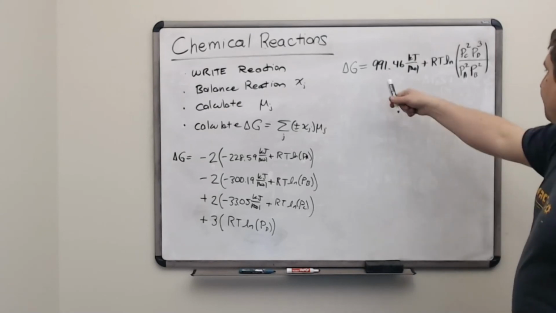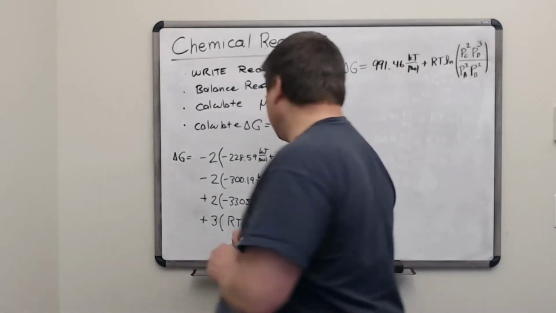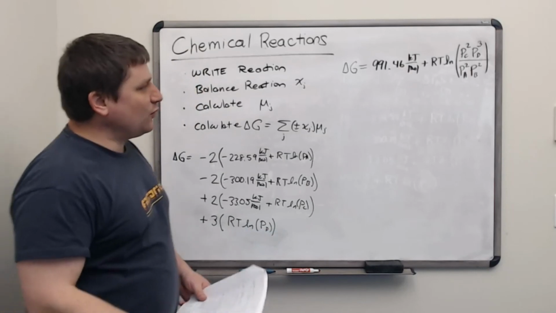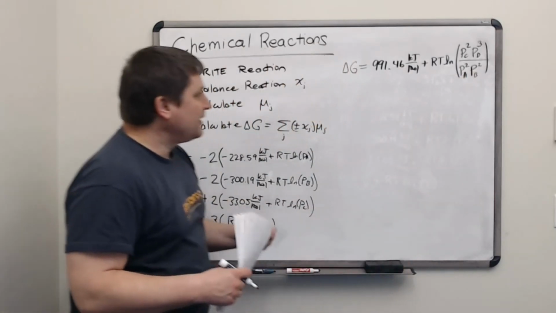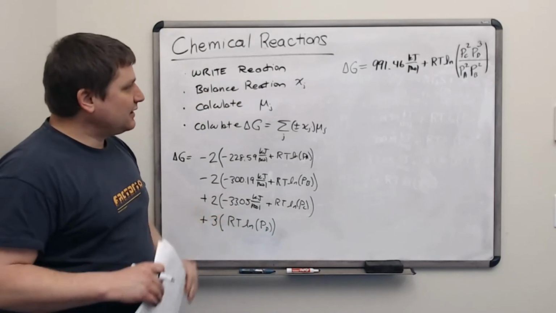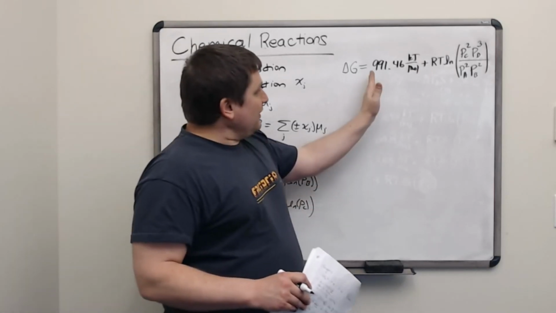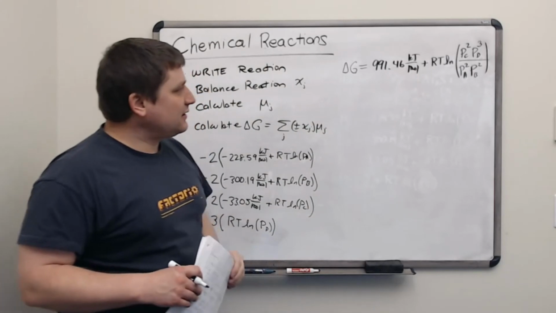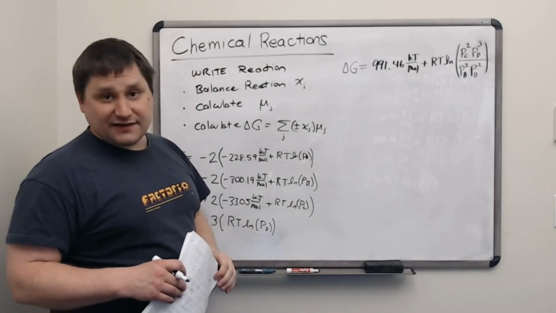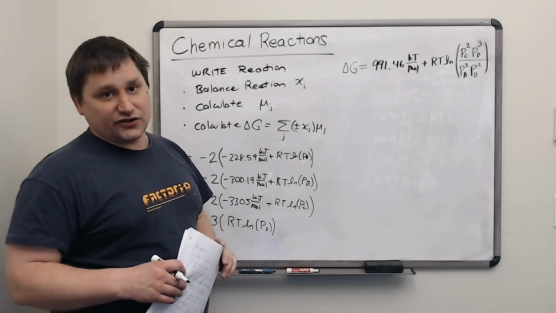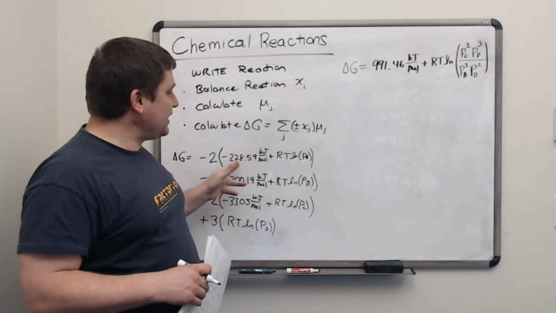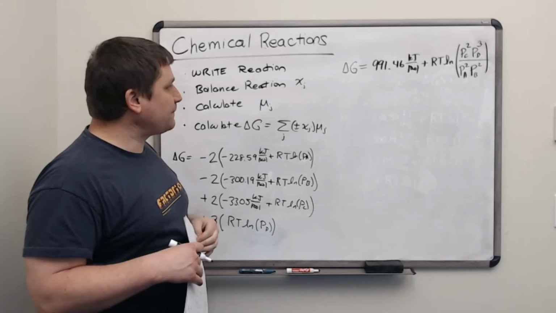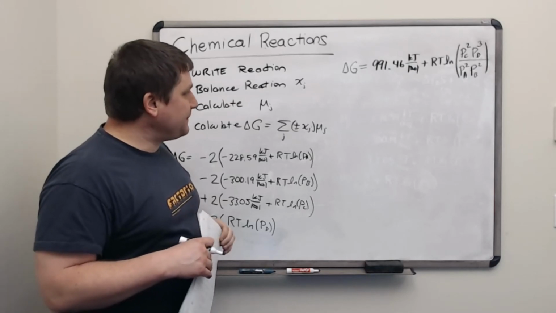Okay, so this is our formula for delta G in its most concise form with arbitrary partial pressures. And as you can see here, the first term here is positive and quite large relative to the scale of individual Gibbs energies.